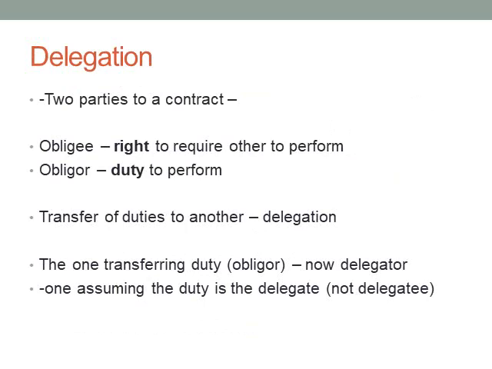So, delegations. Just like a party can transfer their rights through assignment, the obligor can also transfer their duties, and we call that transfer a delegation. A person who delegates her contractual duty is the obligor, and now the delegator of her duty. So we've got more names here. The person who assumes the duty is called the delegate, not the delegatee.